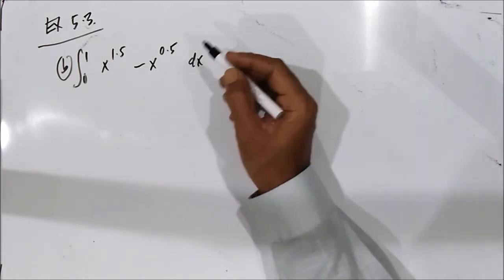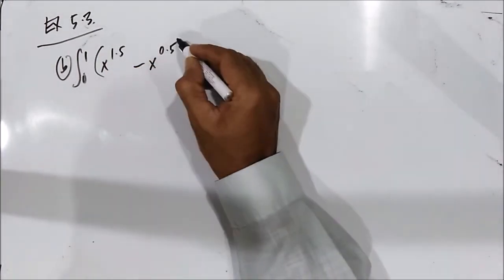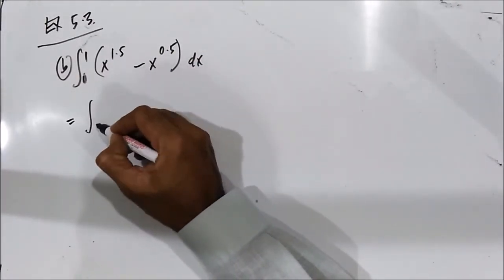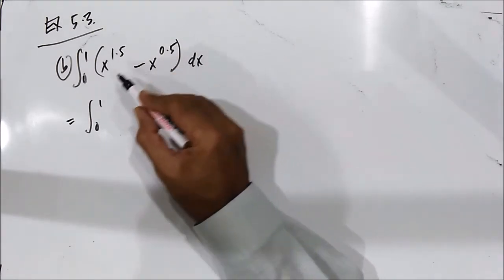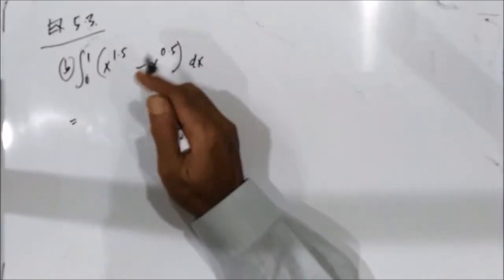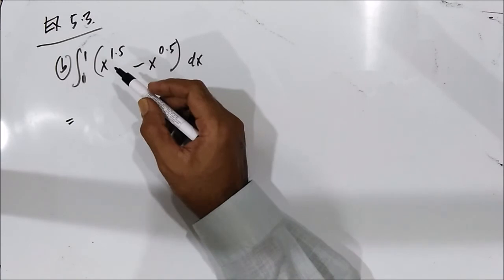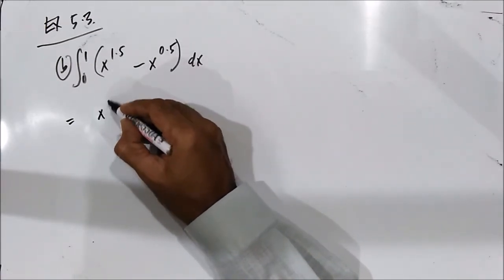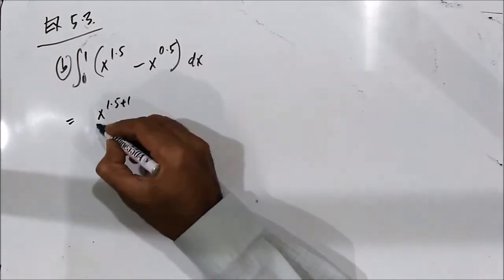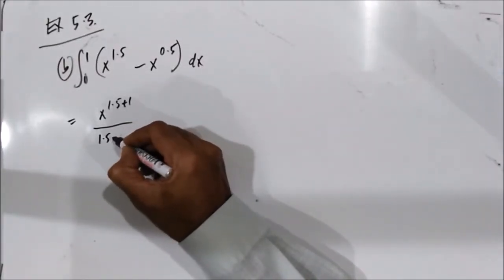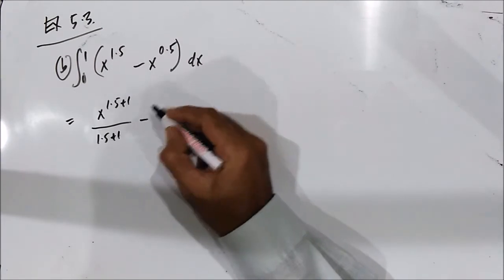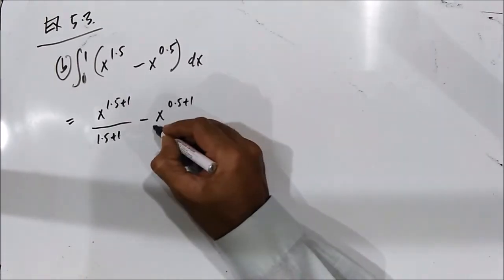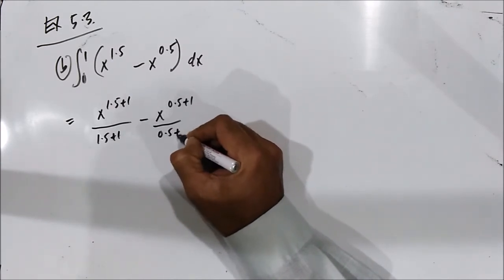So you can put it this way: the integration from 0 to 1. The integration of x raised 1.5 is, by definition, x raised 1.5 plus 1 over 1.5 plus 1, minus x raised 0.5 plus 1 over 0.5 plus 1.